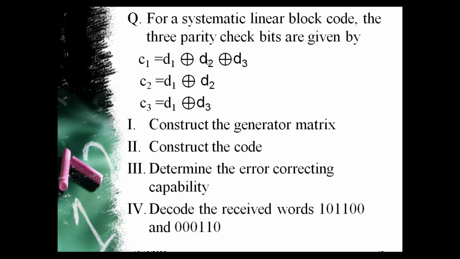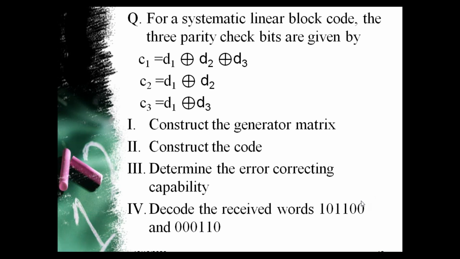C1 equal to D1 plus D2 plus D3, C2 equal to D1 plus D2, C3 equal to D1 plus D3. And the question is: construct the generator matrix, construct the code, determine the error correcting capability, and decode the received words. Here the received words given are 101100 and 000110.